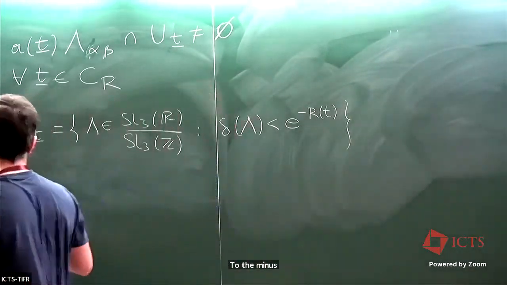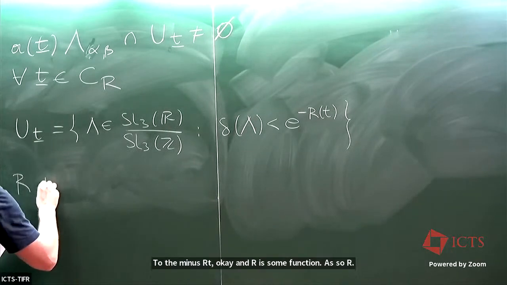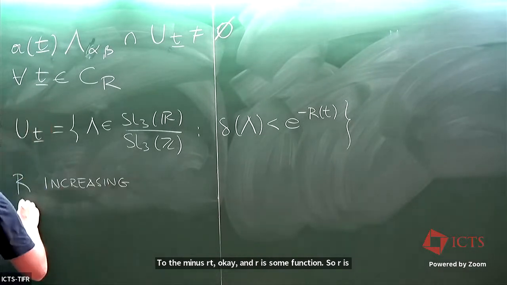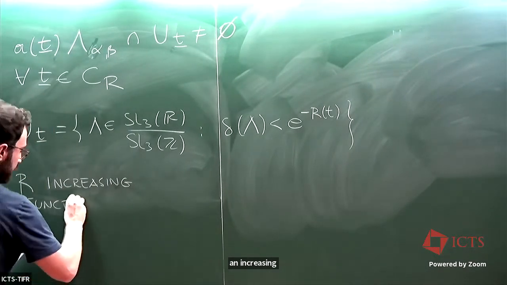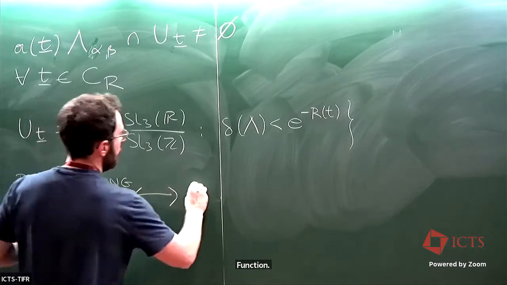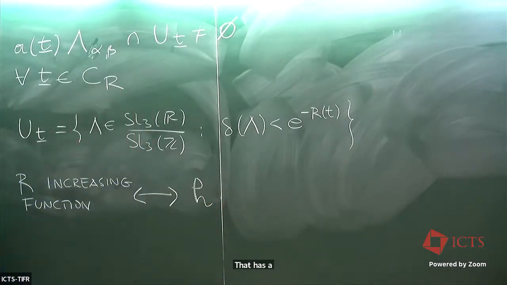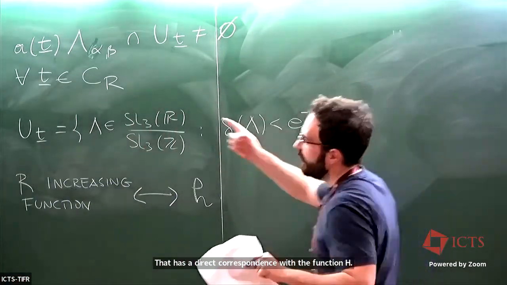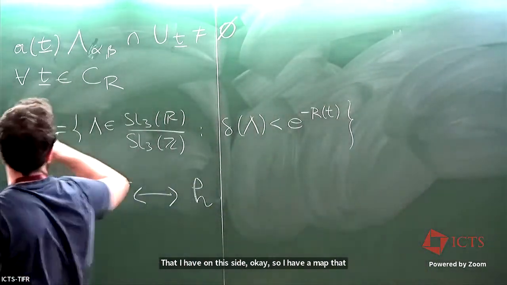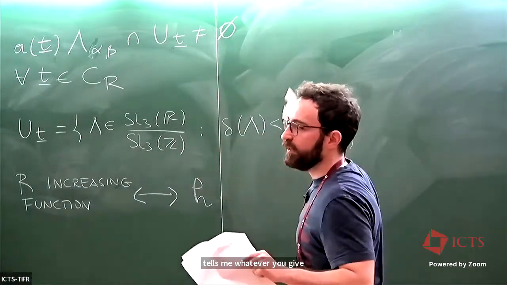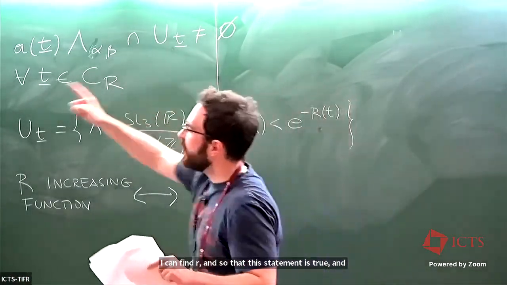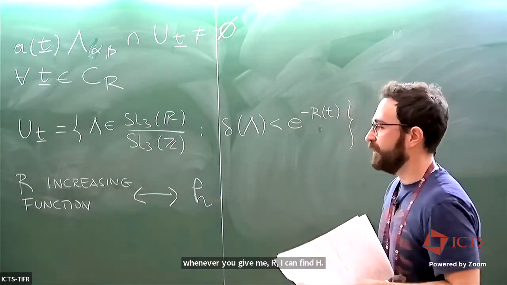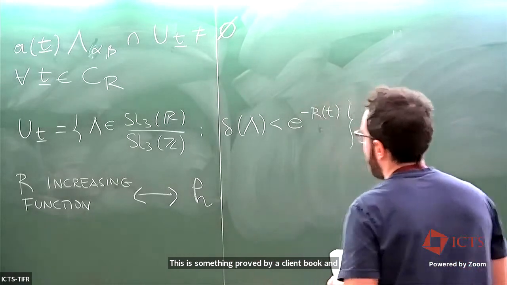Okay, and R is some increasing function that has a direct correspondence with the function h that I have on this side. So I have a map that tells me whenever you give me h, I can find r so that this statement is true, and whenever you give me r, I can find h. This is something proved by Kleinbock and Margulis. So it's one of their technical lemmas, essentially.